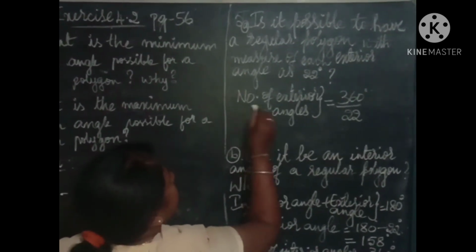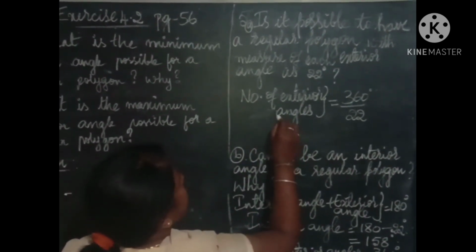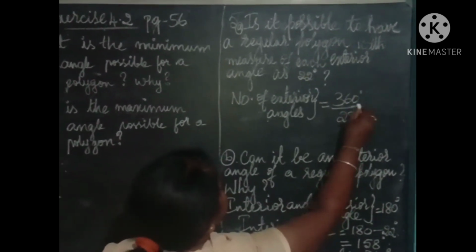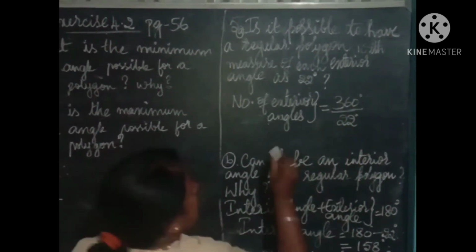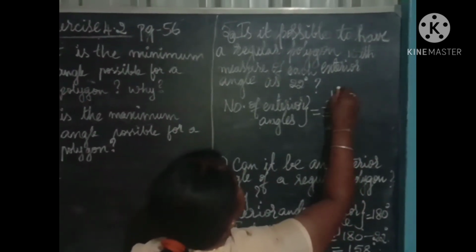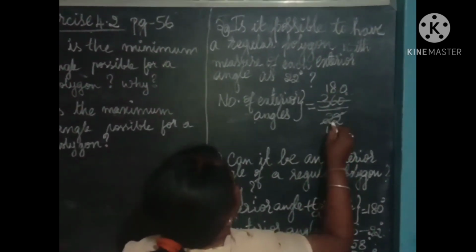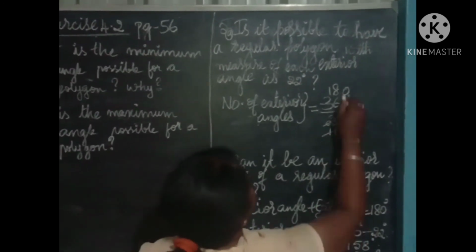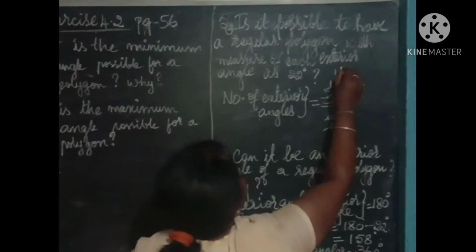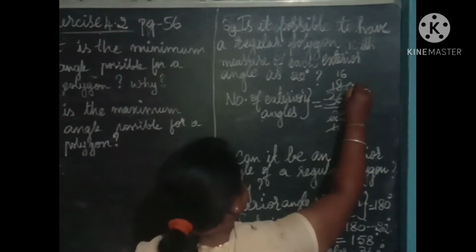You know that the number of exterior angles, or the number of sides, is equal to 360 divided by 22 degree. If we simplify this, how much will we get? Let us see. 2 11s are 22, 2 8s are 16, 0. Again, 11 1s are 11, 11 6s are 66.